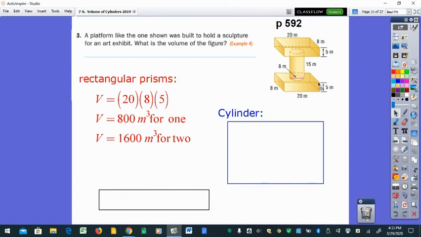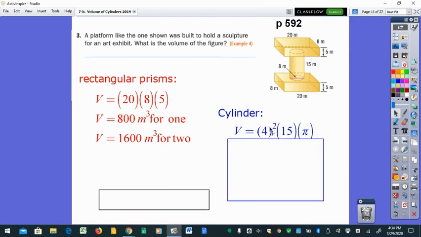Now let's go to our cylinder. I notice across the base circle, they've drawn a line from end to end, which means that's the diameter. The diameter isn't what I need to find the volume of a cylinder. I need the radius. So I'm going to take that 8 and cut it in half. I'm going to be using 4 for the radius. I'm going to take the radius squared times the height of the cylinder.